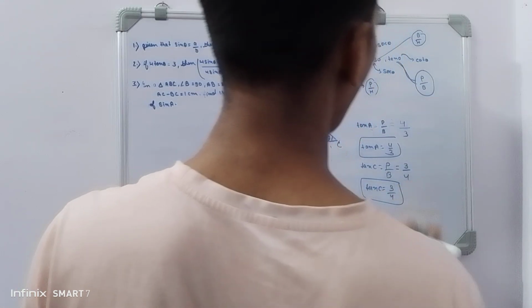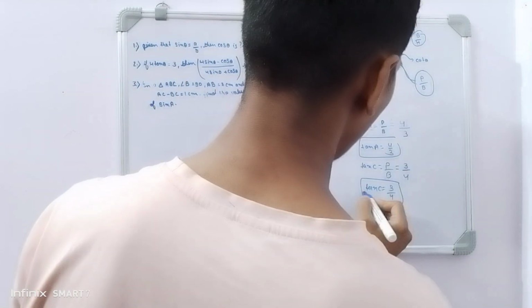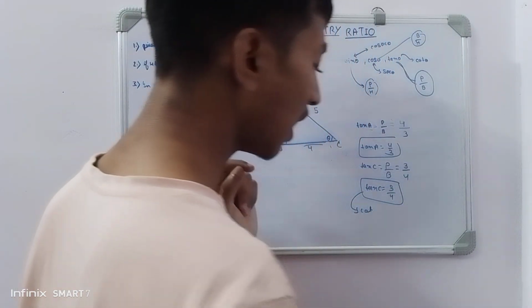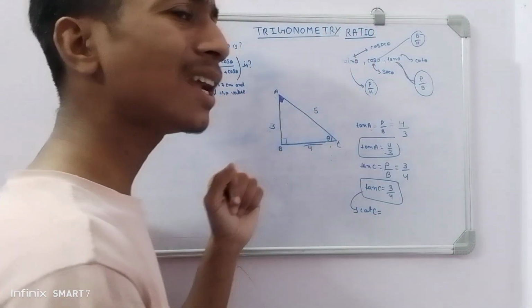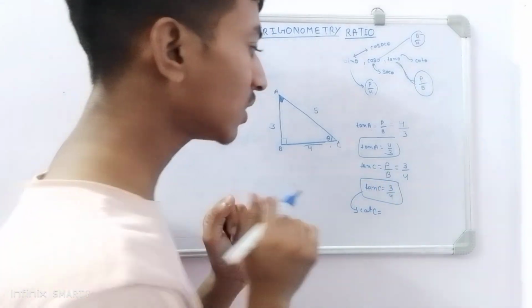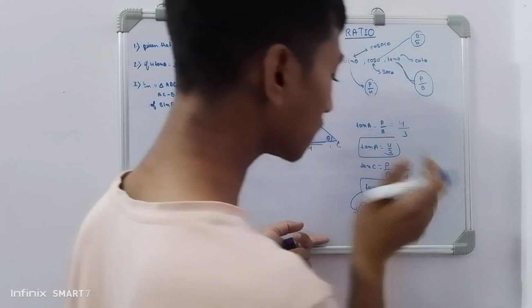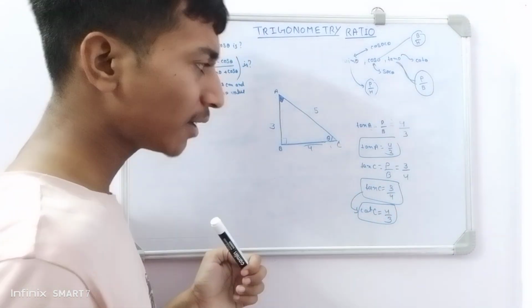And you have to understand that the opposite of tan is the cot. If I ask you to find the cot C, you do not have to calculate cot C again. You just know that the opposite of tan is cot C, so you have to take the reciprocal here. 4 by 3 is going to be the answer for cot of C. And I think you understood.